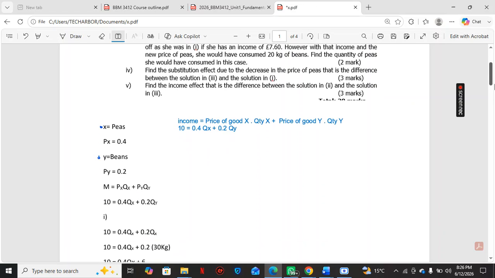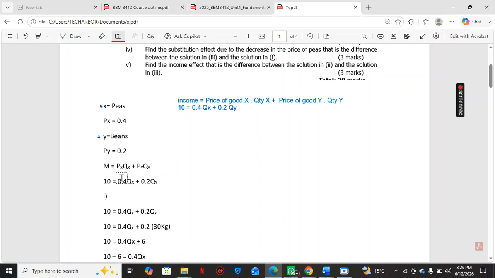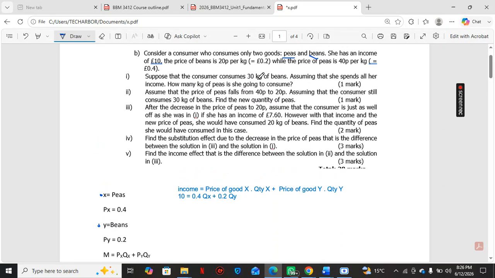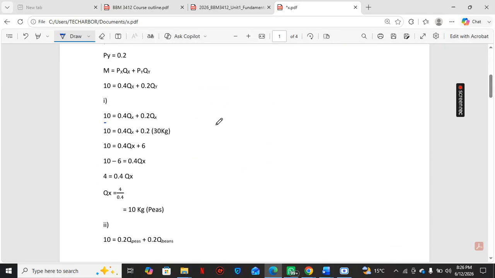With our budget constraint equation, the consumer can consume 30 kg of beans. So how many kg of peas can they get? We want to find QX, the quantity of peas. We come back to our budget constraint equation. We have the quantity of beans, QY, which is 30 kg, and we're trying to find QX, the quantity of peas.